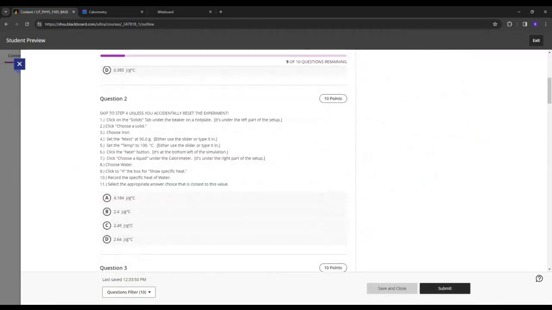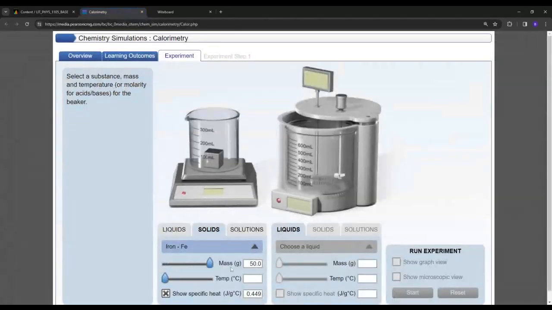Okay, most of this is going to be the same, right? So if you've done the step and you didn't reset anything or touch anything else, then we should be able to pick up partway through and move on. Okay, so we want to set the mass at 50 grams. That looks like the maximum mass we can set for that block. That was kind of a nice touch in the animation.